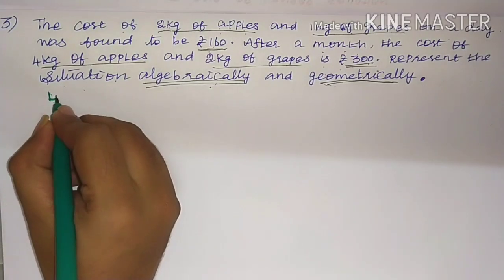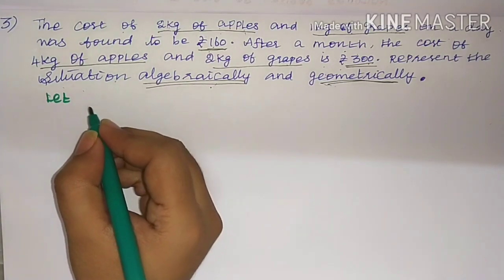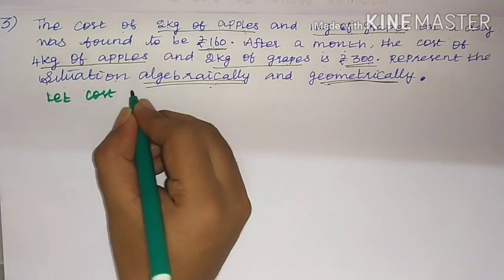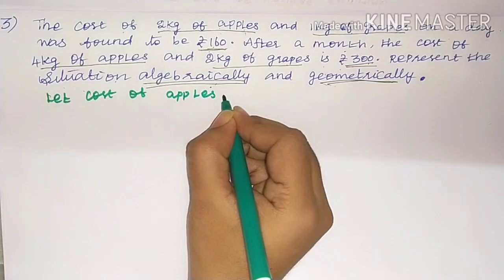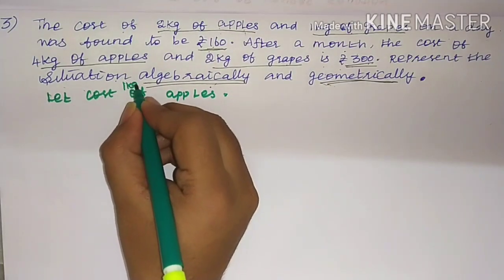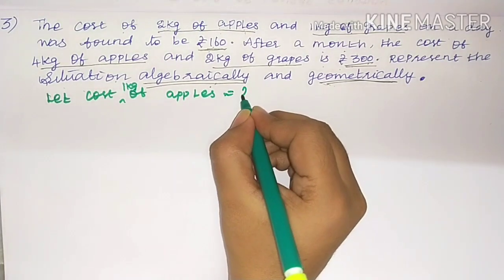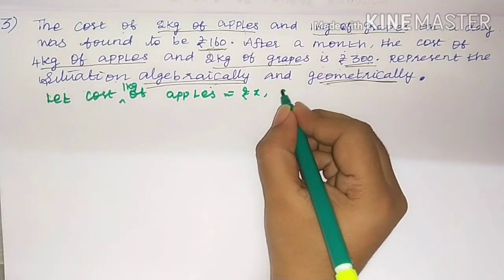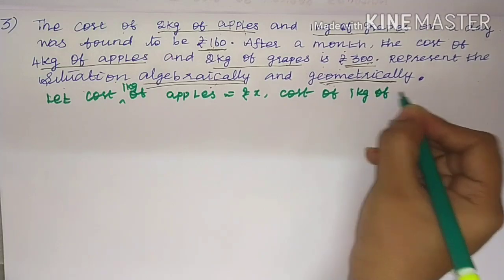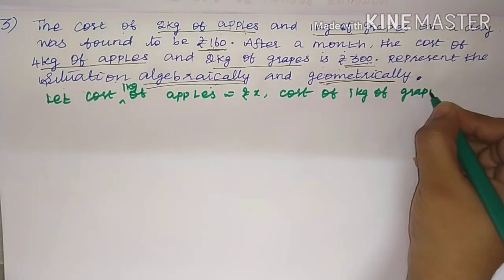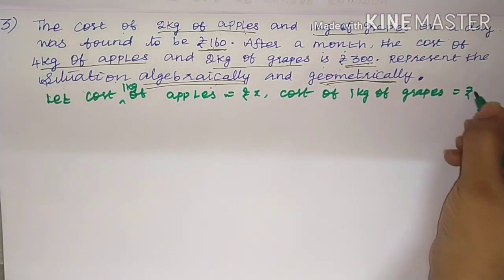So I will write here, let the cost of 1 kg of apple be rupees x and the cost of 1 kg of grapes be rupees y.